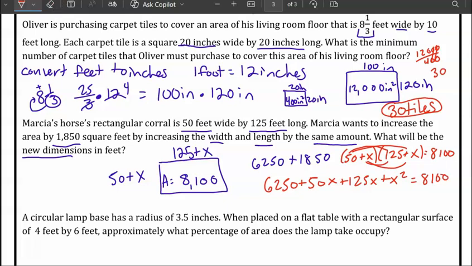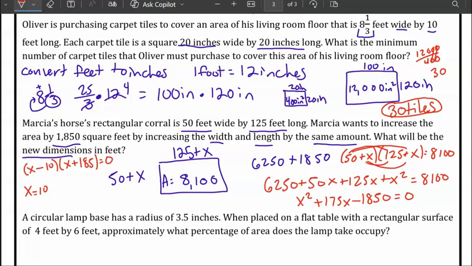Combine like terms and bring everything to one side. If we factor this, we can get (x minus 10) times (x plus 185). And the only possible answer here would be x equals 10. You wouldn't have a negative x value here because that would make these into negative lengths.